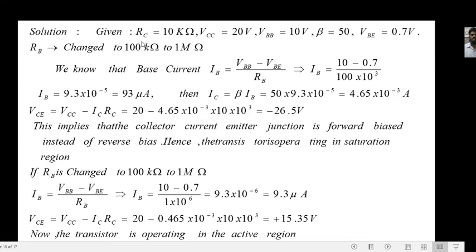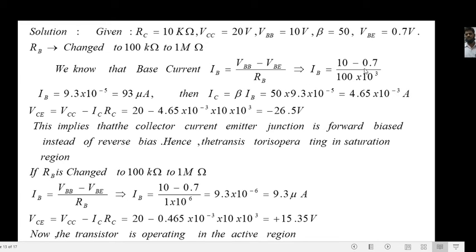Solution: given RC is equal to 10 kilo ohm, VCC is equal to 20 volts, VBB is equal to 10 volts, beta is equal to 50, VBE is equal to 0.7 volts, RB changed from 100 kilo ohm to 1 mega ohm. We know that the base current IB is equal to VBB minus VBE divided by RB.